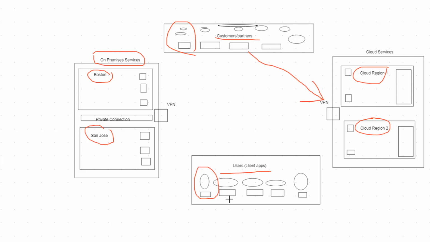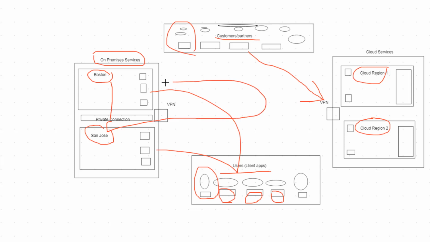On the other hand, we may have resources such as human resource applications, payroll, legal applications, compliance-based applications that are only accessed on premises, for example. However, we may very well want to use resources in San Jose and in Boston in this example. The question is, do we allow traffic to go over a private connection to Boston, or do we have to traverse out into the internet and then go back in?